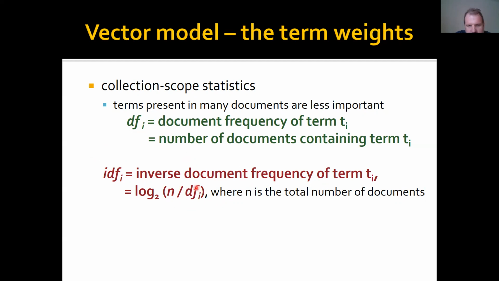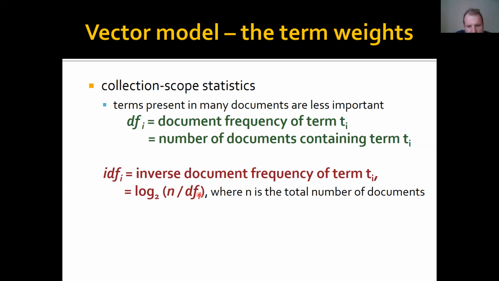So if DF is equal to n, we get 1 here. On the other hand, if we have very rare words, appearing just once in a document in the whole collection, then we get n divided by 1, so n.